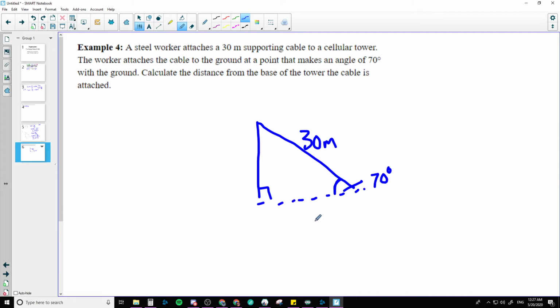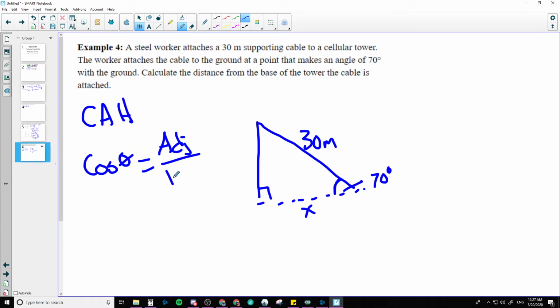This is the ground here. What it wants to know is how far from the base of the tower the cable is attached. So this is what it wants to know. So again, cosine, CA, cos theta equals adjacent over hypotenuse. Cosine of 70, because that's our angle.